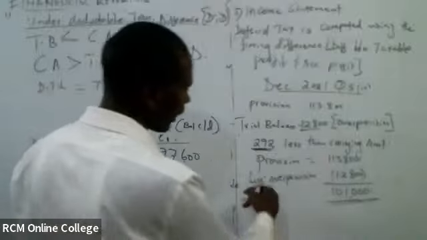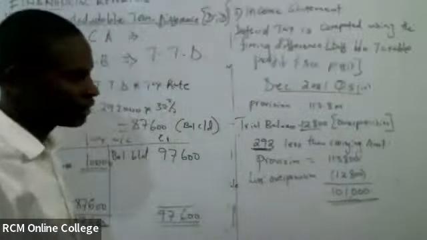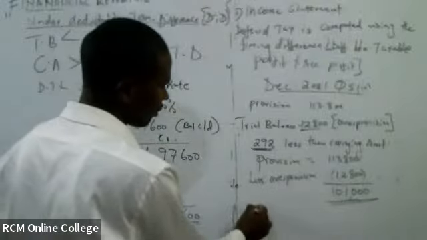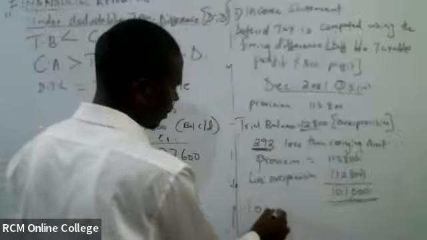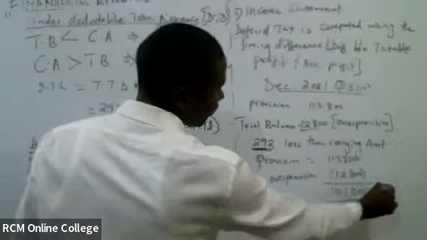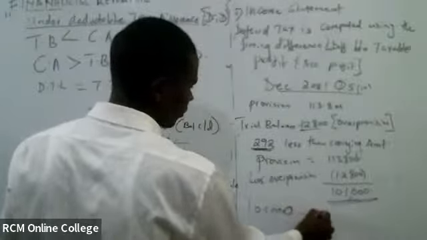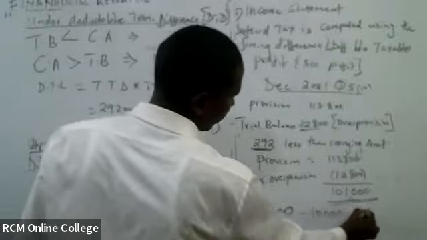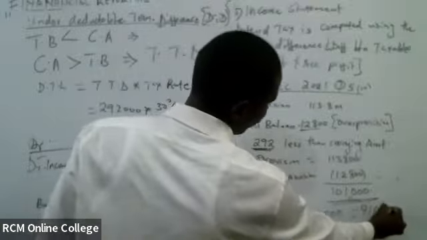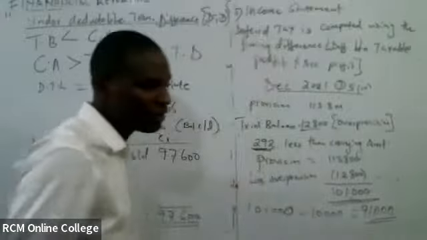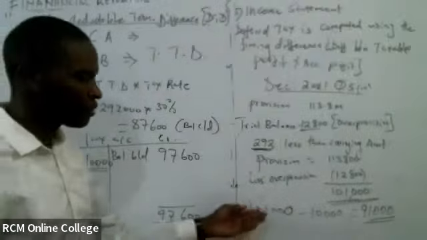It will be like added. When you add, kuna 101,000. Hii ndio sasa hii inapungua. So unapunguza 10,000. Unapata 91,000. So the tax payable in that specific year is 91,000.